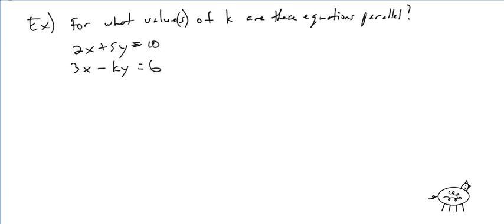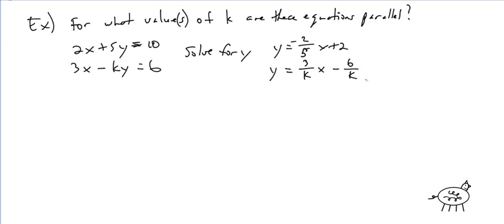Well, really what we need here, again, when you see the word parallel and perpendicular, you're probably dealing with slope, so we really need to solve for y and put it in slope-intercept form. So solve for y, and I'm going to get y equals negative 2/5 x plus 2, and the other one I get y equals 3 over k x minus 6 over k.